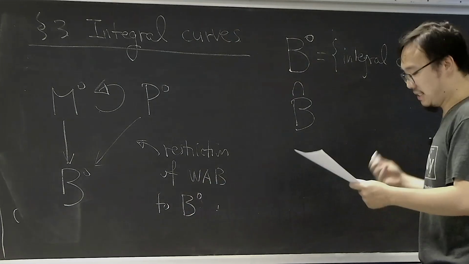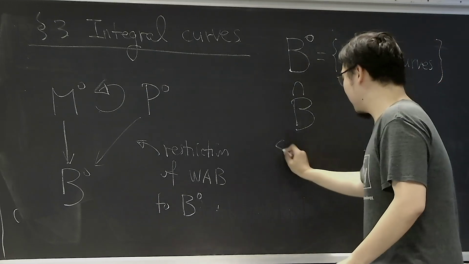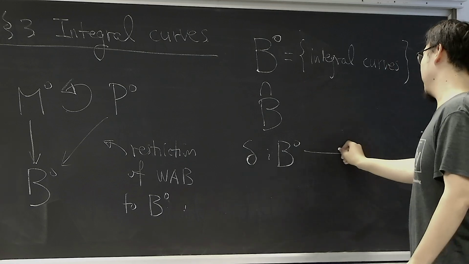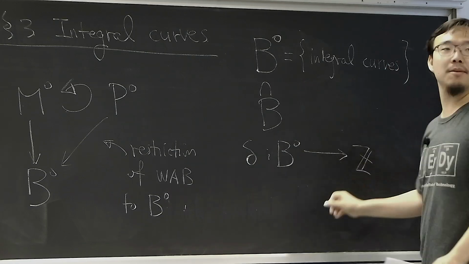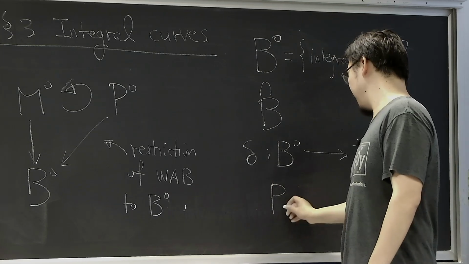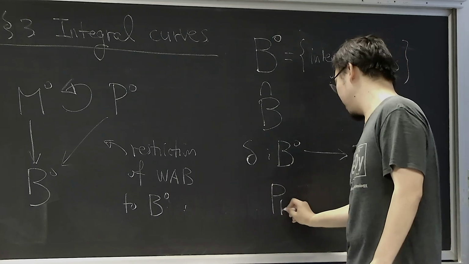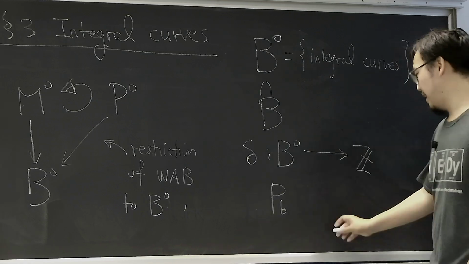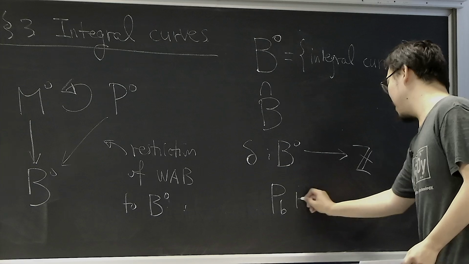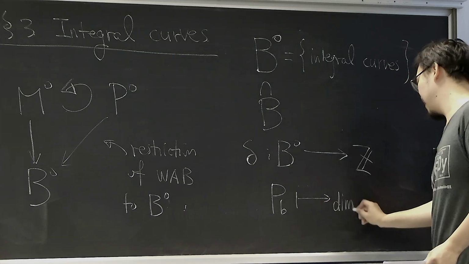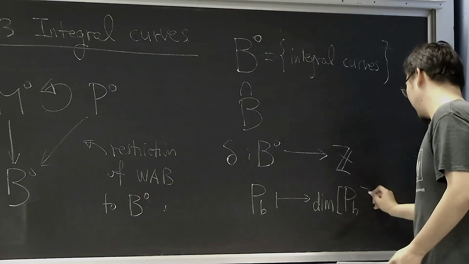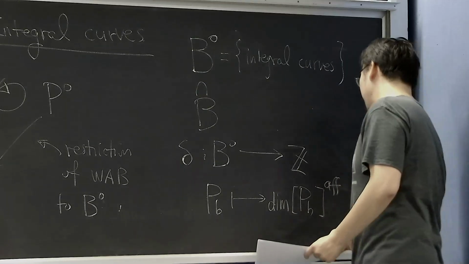Okay, another piece of data we discussed last time is the delta function. For any point on the base, we have a delta function, obtained by calculating the affine part of the corresponding group scheme. For every point, you have a group scheme, which I call P_b. And then P_b has an affine part and an abelian variety part. So this delta only remembers the complex dimension of the affine part of the group scheme.